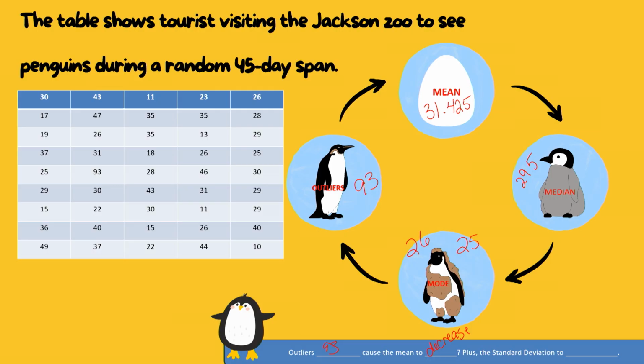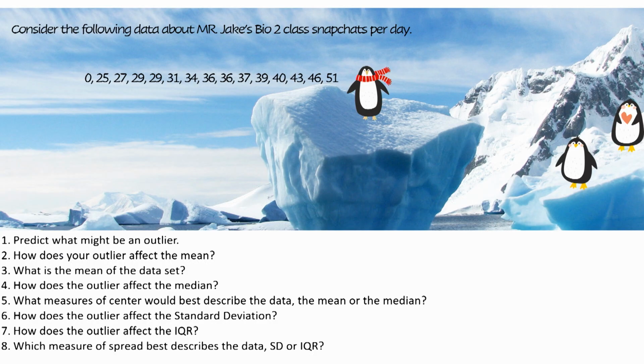Since our mean decreased, our standard deviation is going to increase. And this right here is something that we need to definitely understand. When we have outliers, those means are going to change, and that standard deviation is also going to change with those.